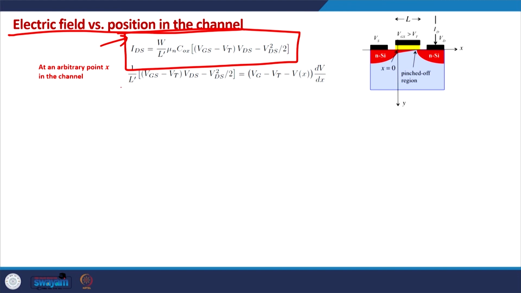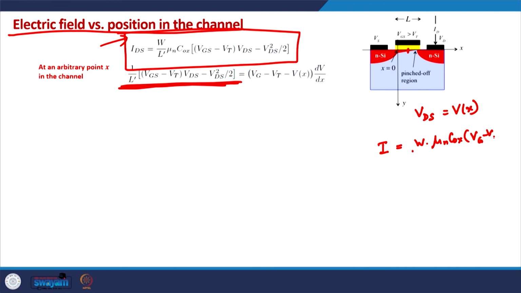This is the current that we derived previously, but at any arbitrary point in the channel, let us say at x, VDS will be Vx, and the current at any arbitrary point will be W times mu n Cox VGS minus VT minus Vx times dV by dx.